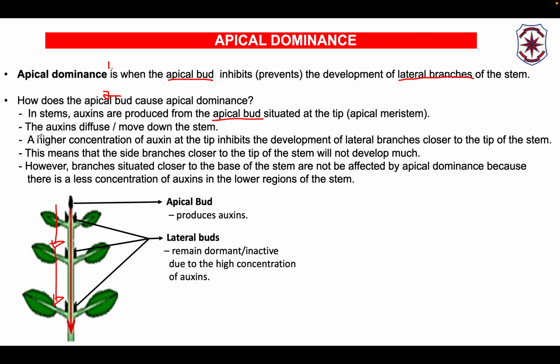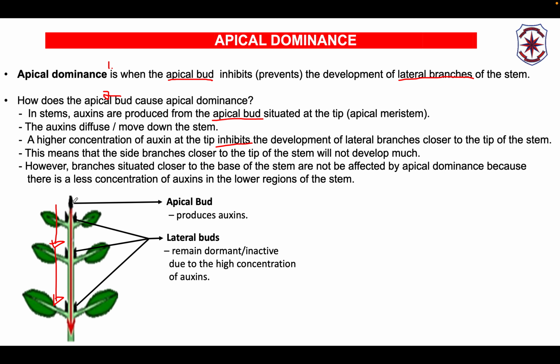And then third bullet, a higher concentration of auxins at the tip inhibits the development of lateral branches closer to the tip of the stem.